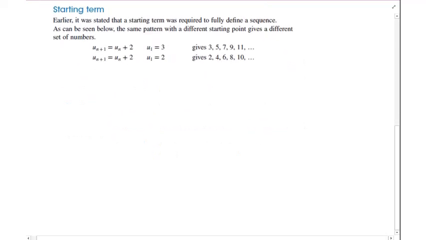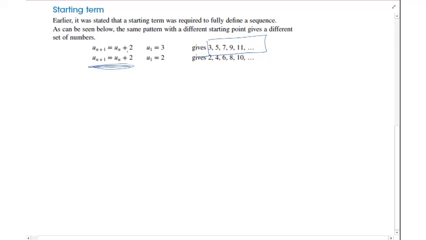Okay. So I mentioned earlier something about the starting term, and I just wanted to make a note here. The starting term determines what numbers you see over here. In the example given here, the recurrence part of the relationship is the same.